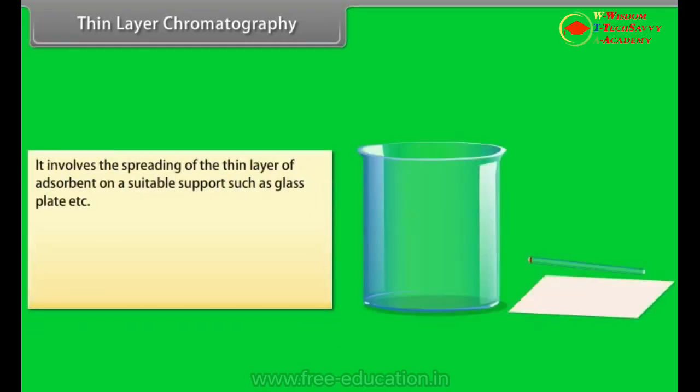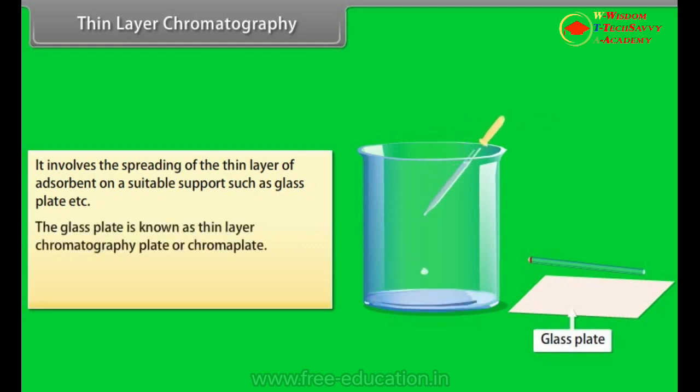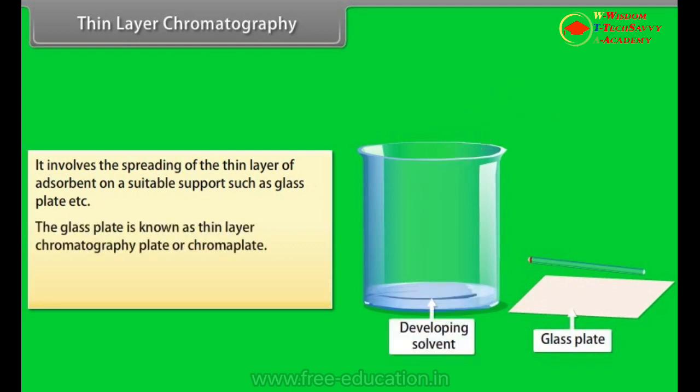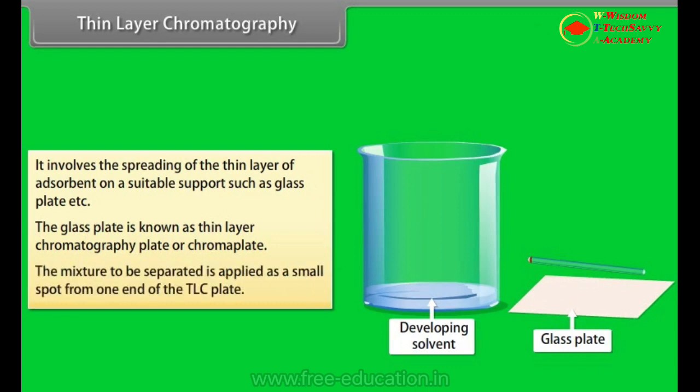Thin layer chromatography. It involves spreading a thin layer of adsorbent on a suitable support such as a glass plate, etc. The glass plate is known as a thin layer chromatography plate or chroma plate. The mixture to be separated is applied as a small spot from one end of the TLC plate.